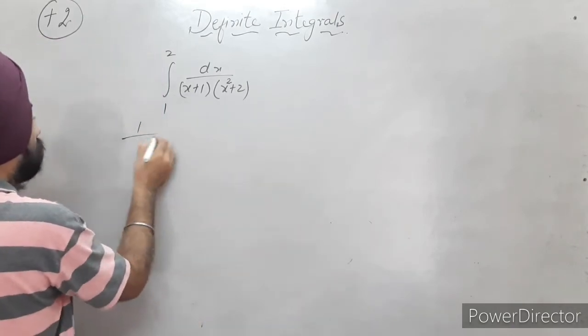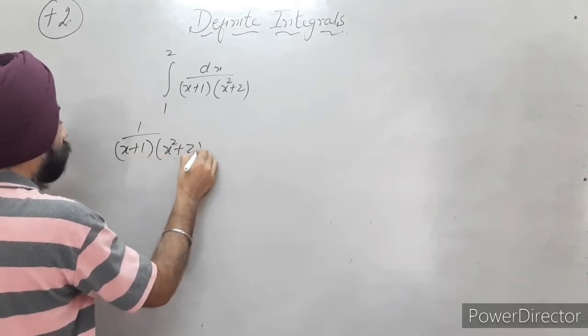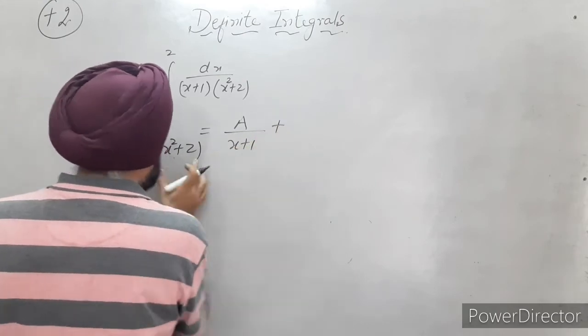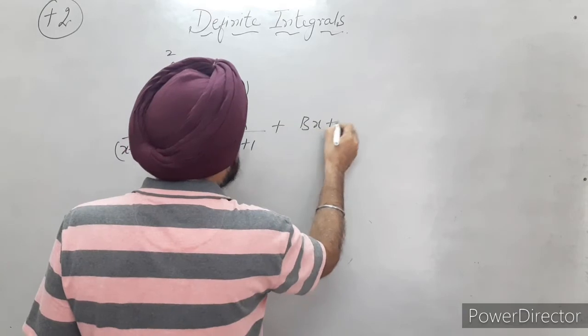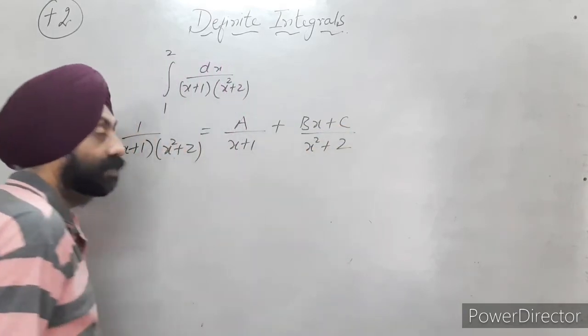I will resolve this like this: A upon the linear factor, plus (Bx plus C) upon x square plus 2, since this is a quadratic which cannot be factorized.